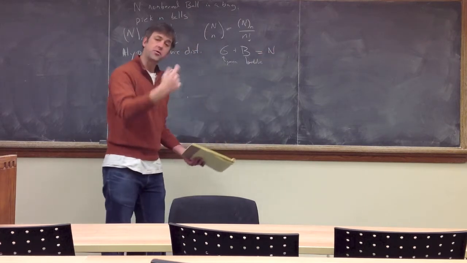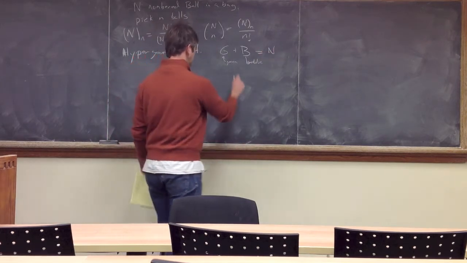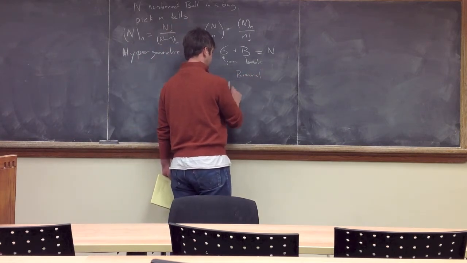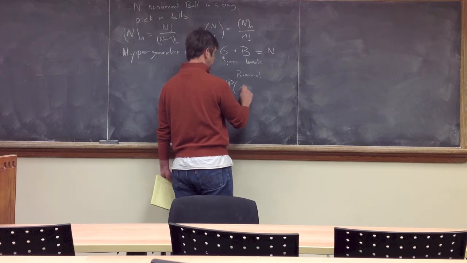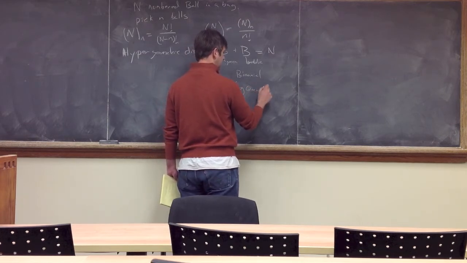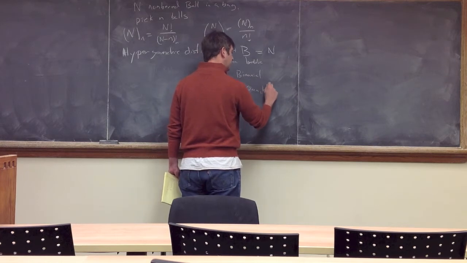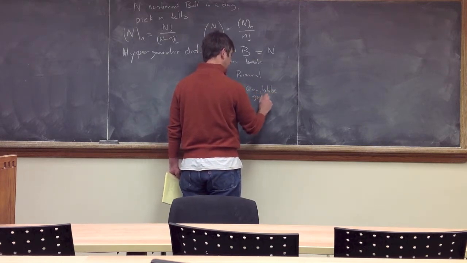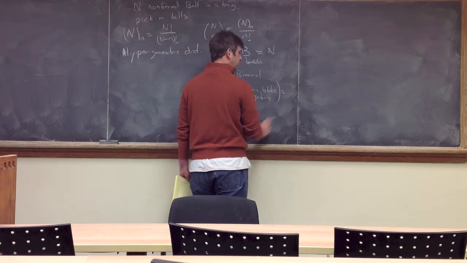So if I choose with replacement, the binomial said that the probability that I get little g green and little b blue, with g plus b equal to little n, was equal to what?